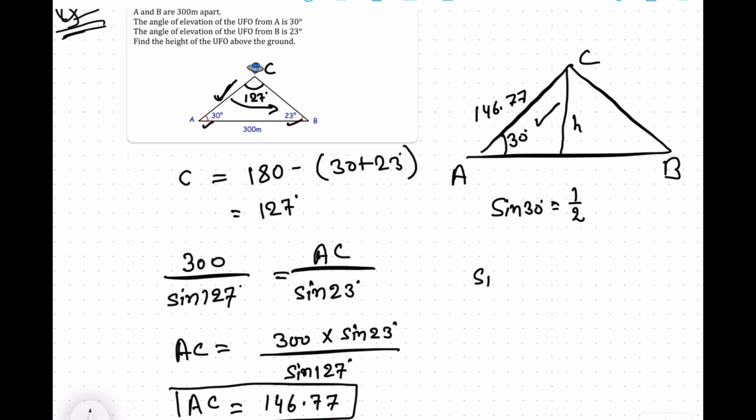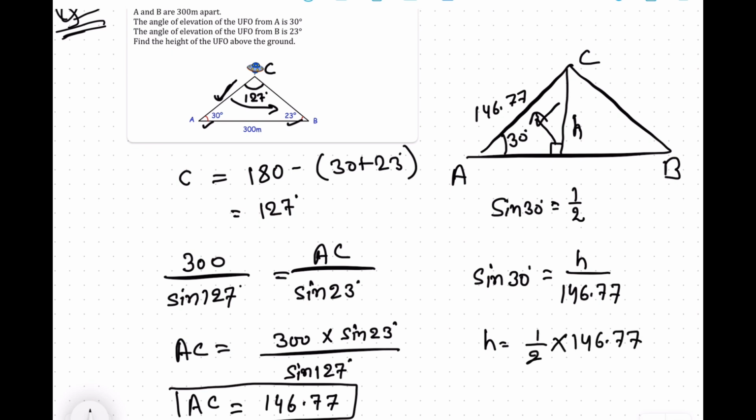Sine 30 degree is equal to h divided by 146.77, because this is the hypotenuse, right? Opposite the 90 degree, right? So h is equal to sine 30, that is half, times 146.77, right? So we'll get this value in the calculator as 73.38, and we can write 73.4 meter as the final answer.